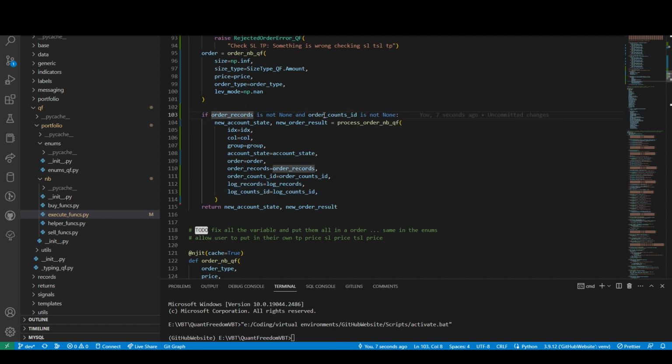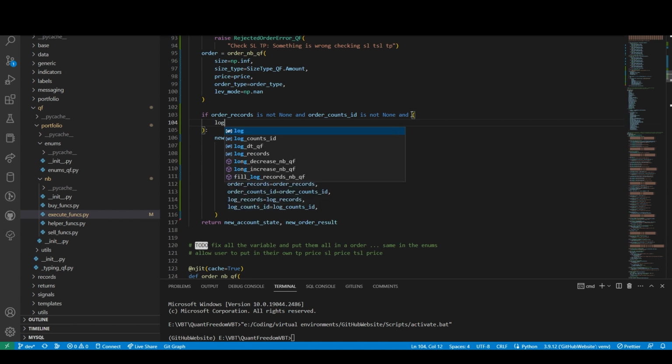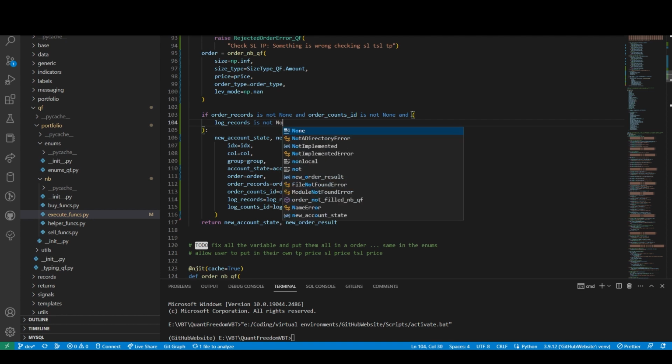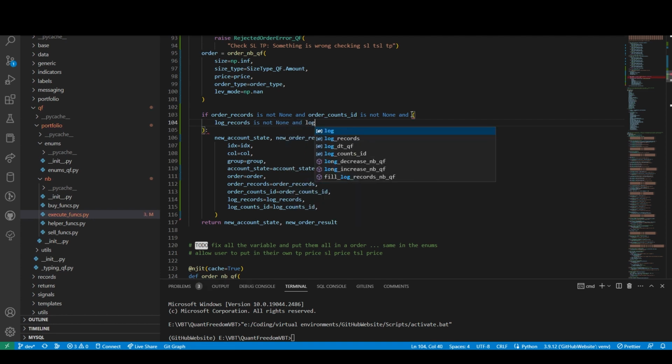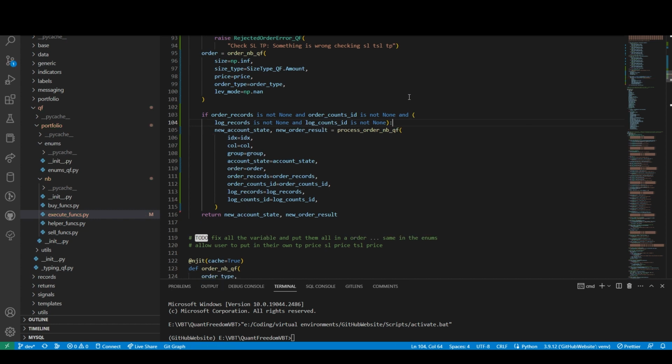If order record is not none and order count is not none, and log records is not none, and log counts ID is not none, then send it like this.